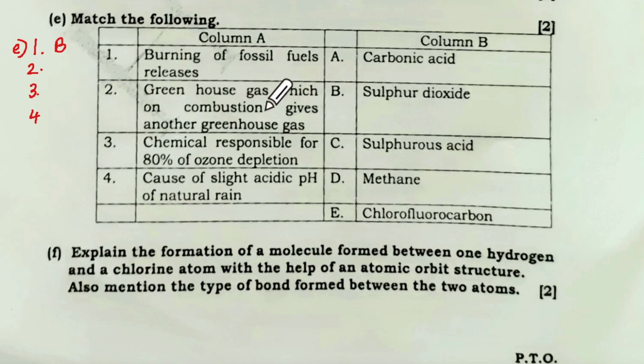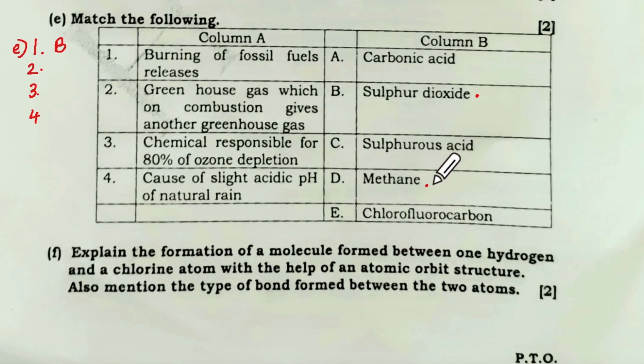Greenhouse gas which on combustion gives another greenhouse gas. Which greenhouse gas is it? This is sulfur dioxide. On combustion gives another. Which one is it? Not carbonic acid. It will have to be either this or this. Methane on combustion.